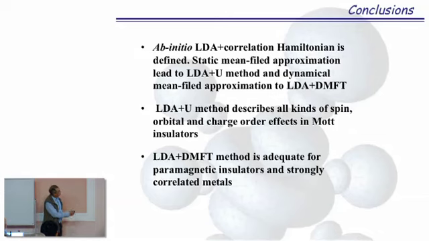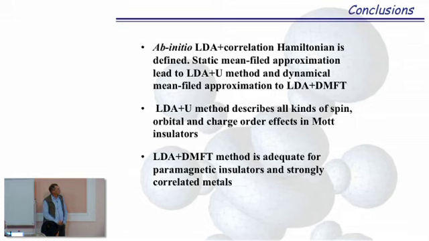So, first of all, we can define the LDA plus correlations Hamiltonian by adding a model Hamiltonian Coulomb interaction term to the LDA Hamiltonian, with subtraction of the double counting correction. Then static mean field gives us LDA plus U, which is efficient for Mott insulators with ordering.